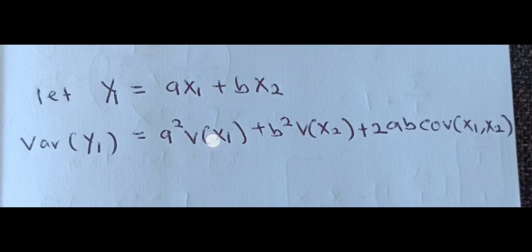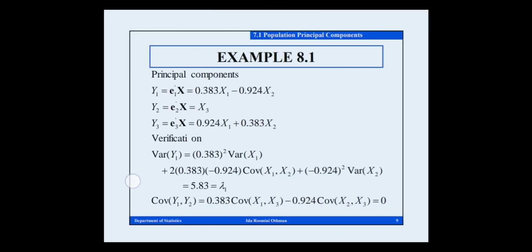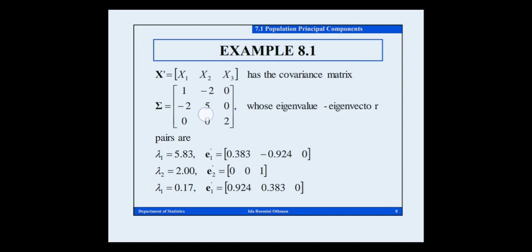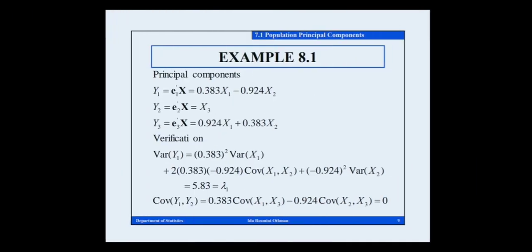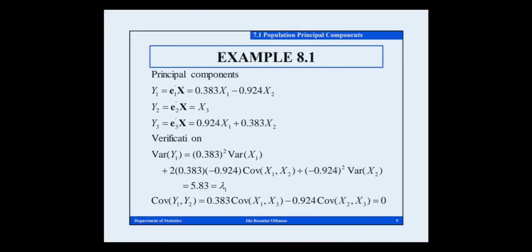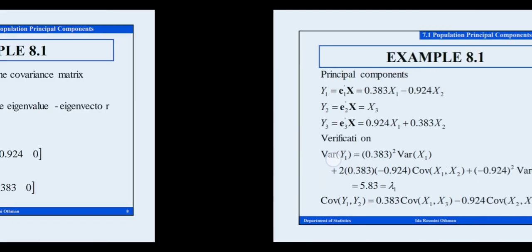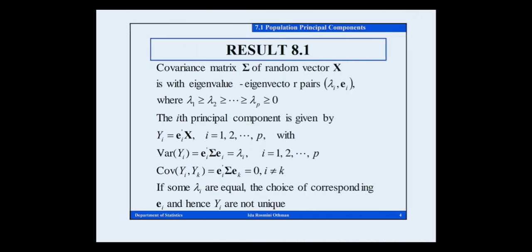Macam mana dapatkan variance of x1, variance of x2, dan covariance of x1 and x2 is from the value from the covariance matrix of big sigma. Okay, so you boleh tengok nanti. Dalam your textbook example 8.1 ni ada dekat page belakang sikit, 434. Okay, boleh check.